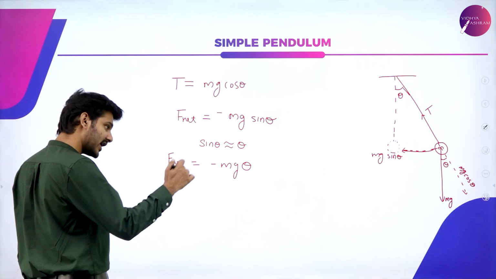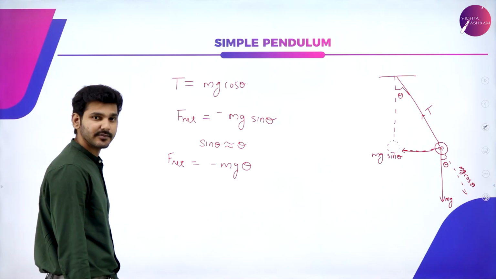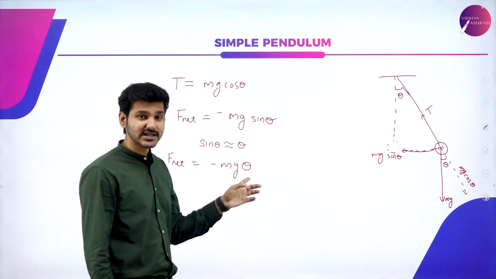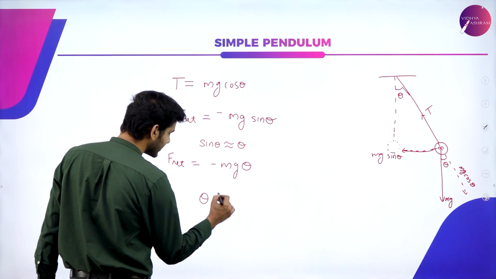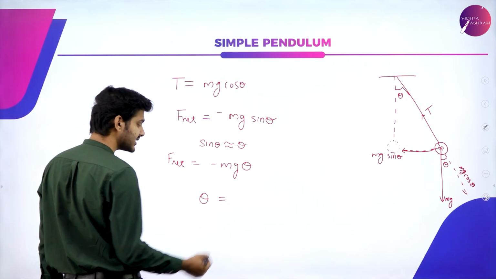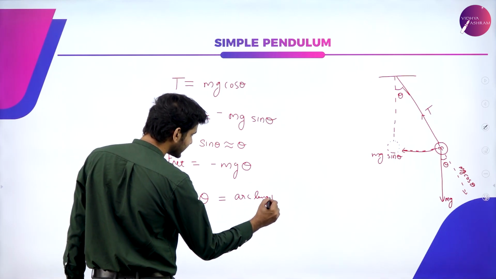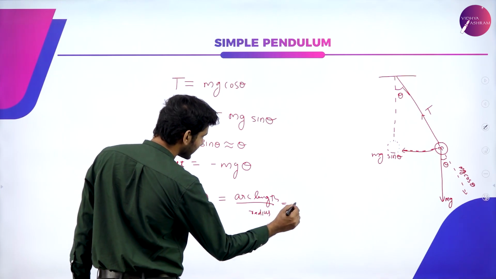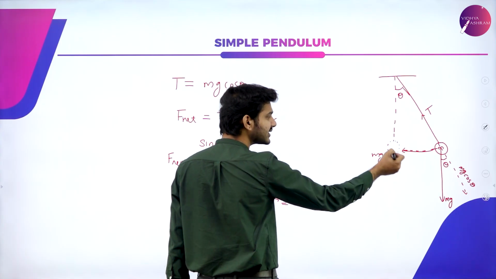So again, why did I write it like this? Because I want an equation in terms of theta. If you remember the first chapter, we learned that theta is nothing but angular displacement. So theta is equal to arc length by radius, or simply here in this particular case, it is this distance divided by this length.